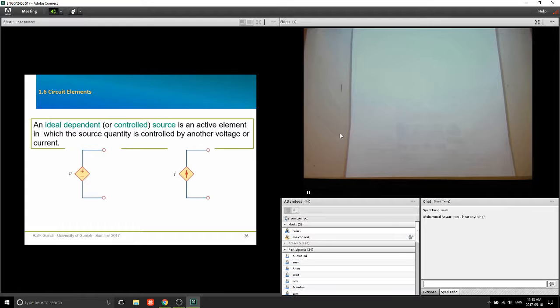Here, dependent source. Now that's new. But the specified voltage in my voltage source can be kind of controlled.